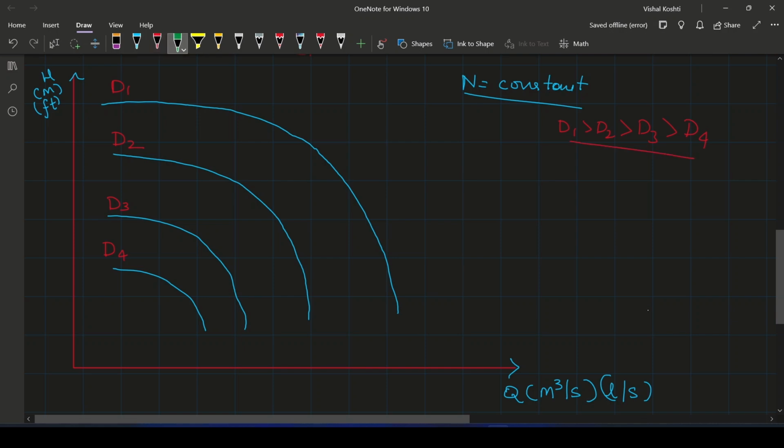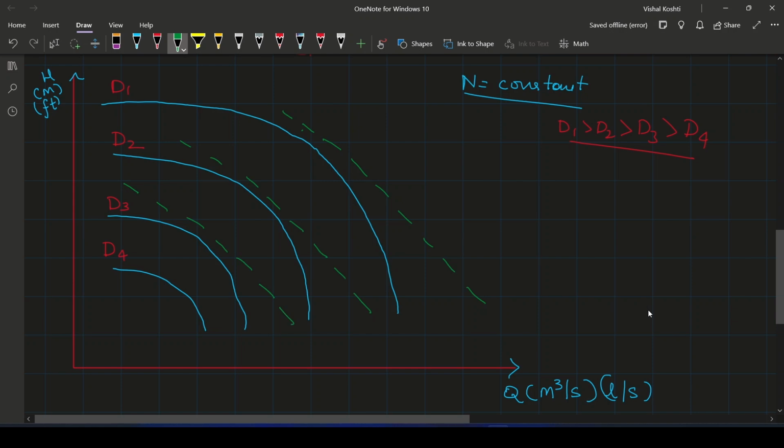Okay, and now let us draw another curve in which we will be indicating the efficiency. Before going into the efficiency, we will be marking the power curves. This dotted or dashed line is the power curve.